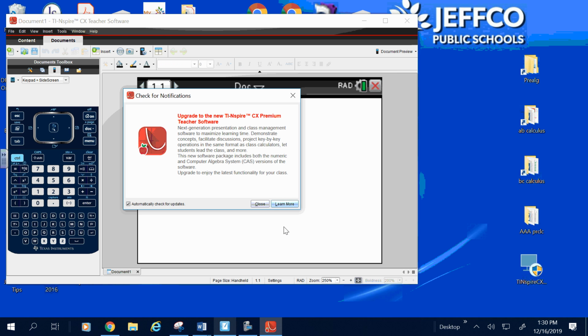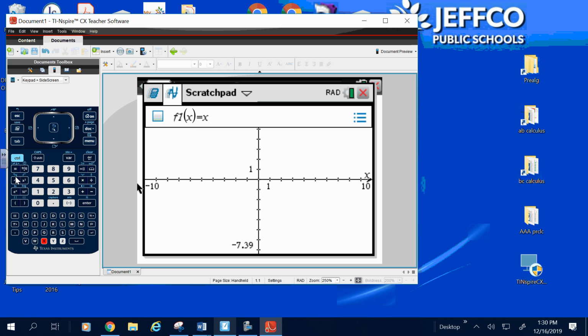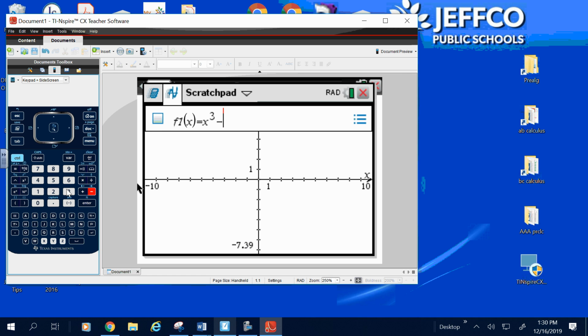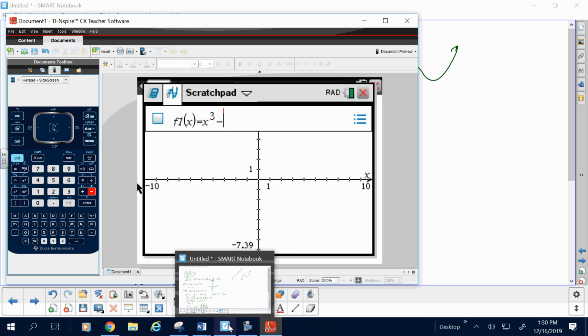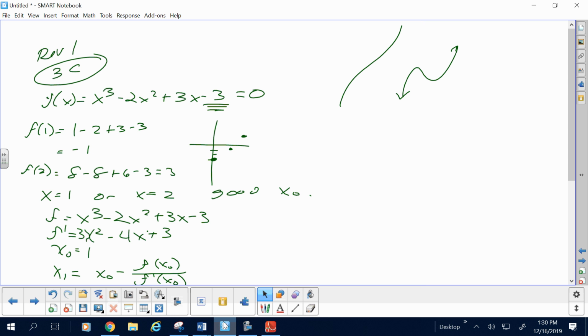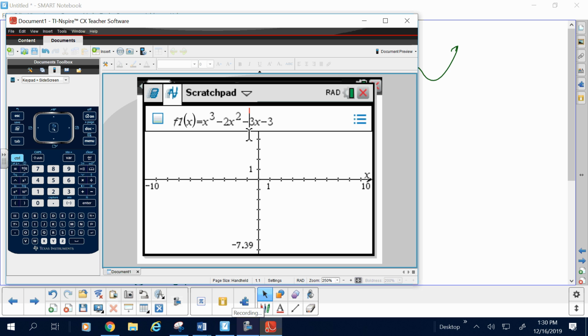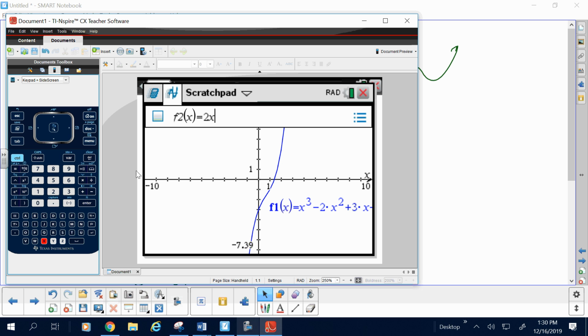So this was x cubed minus 2x squared plus 3x minus 3. Then f2 is 3x squared minus 4x plus 3.